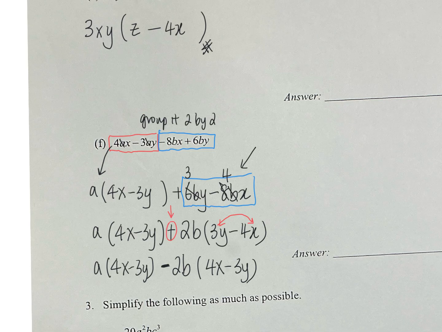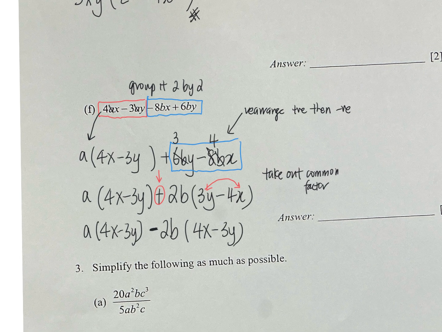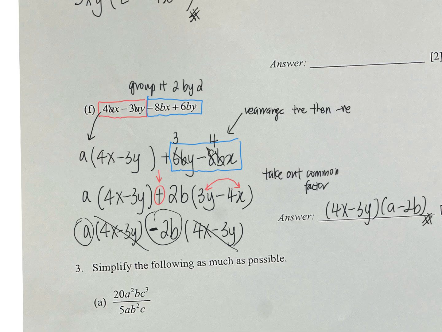And then rearrange positive followed by negative. Okay, then you take out common factor. So when there is a same sign by opposite direction, swap it and reverse. So now final answer, I take this out. I'm left with A minus 2B in the other bracket. So that's the answer for this one.